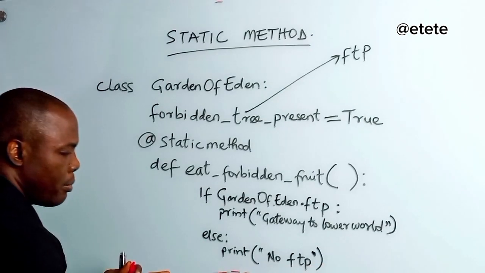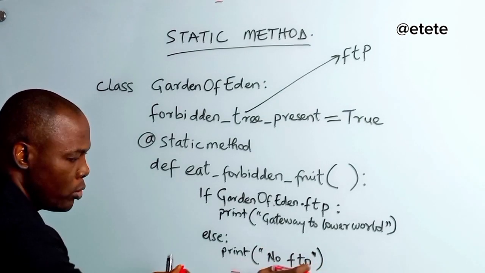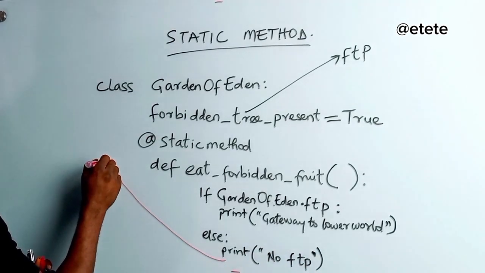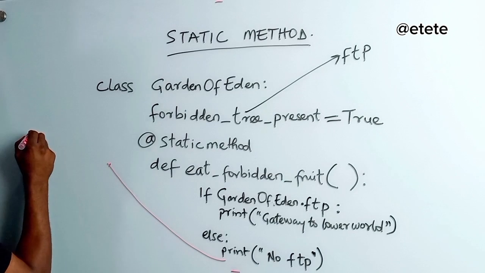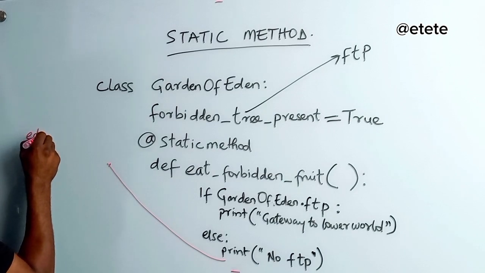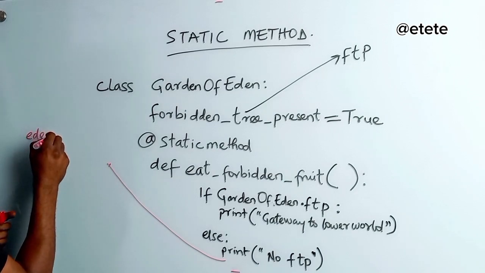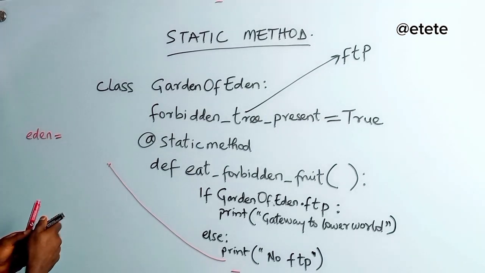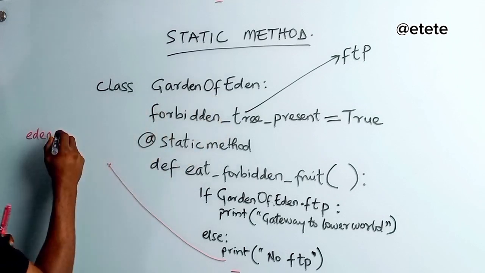It should be under here, but I don't think you'll be able to see below this point. So I'm just going to bring this up here, right? So here I'm going to type Eden. Then assign. Okay, so let me call this Garden of Eden.